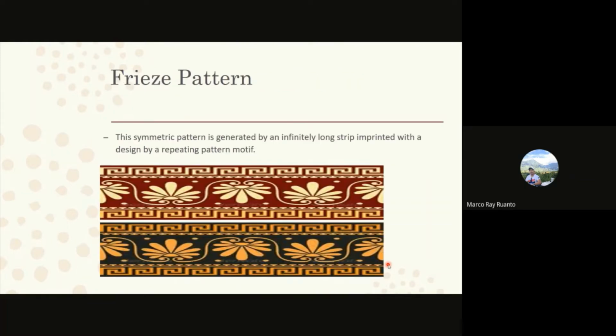Then we also have the, I don't know how to read this one, the frieze pattern. Right? You have this one in your design class. This is very common in architectural designs, usually used in borders, like in the doorway.